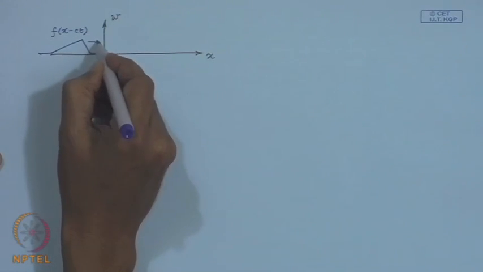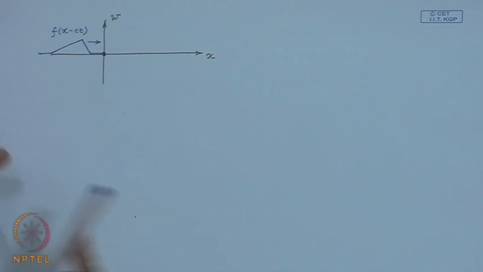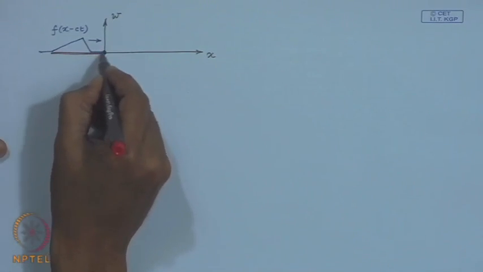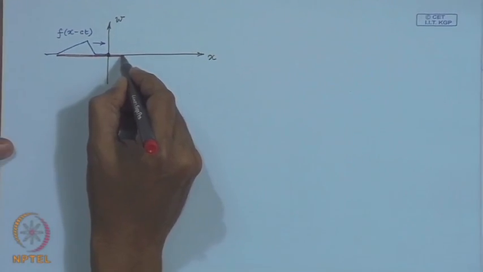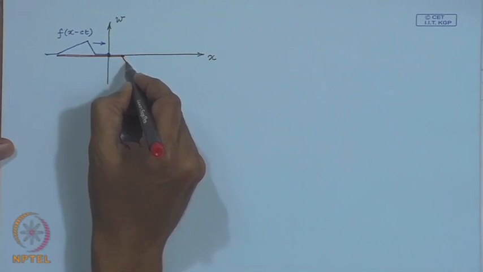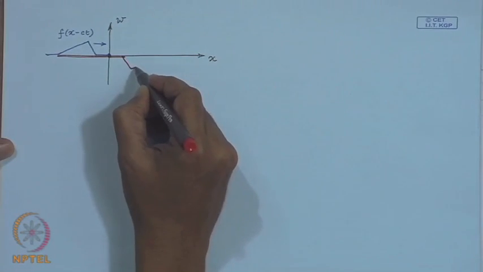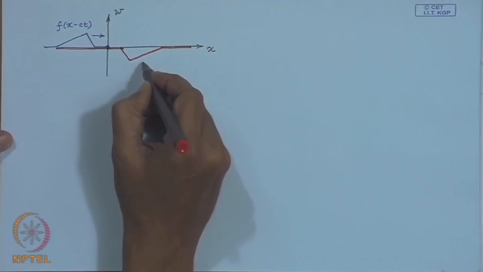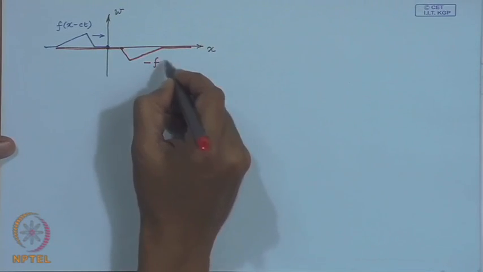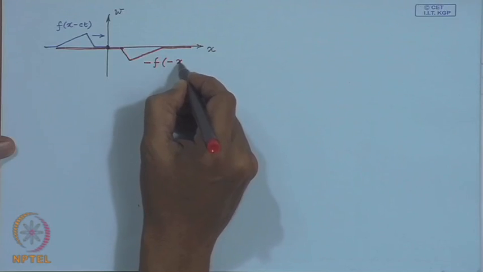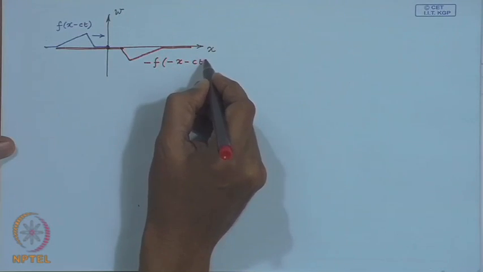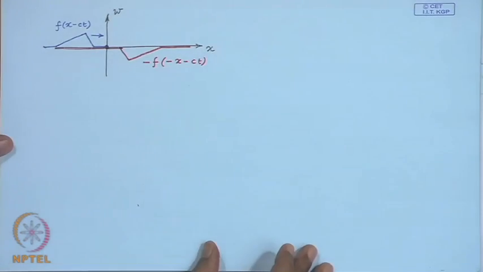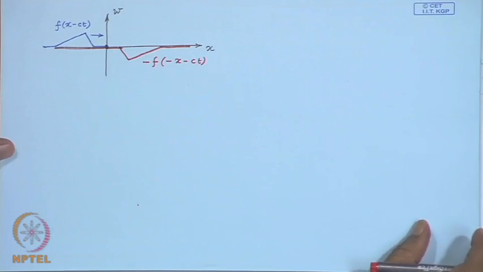So, this is moving towards the boundary, and imagine that there is another wave which is minus f of minus x minus c t.